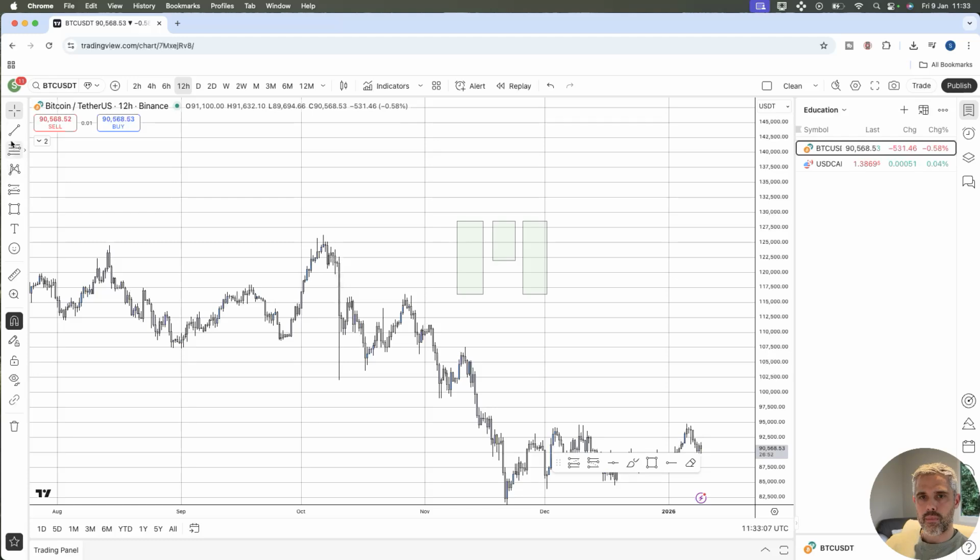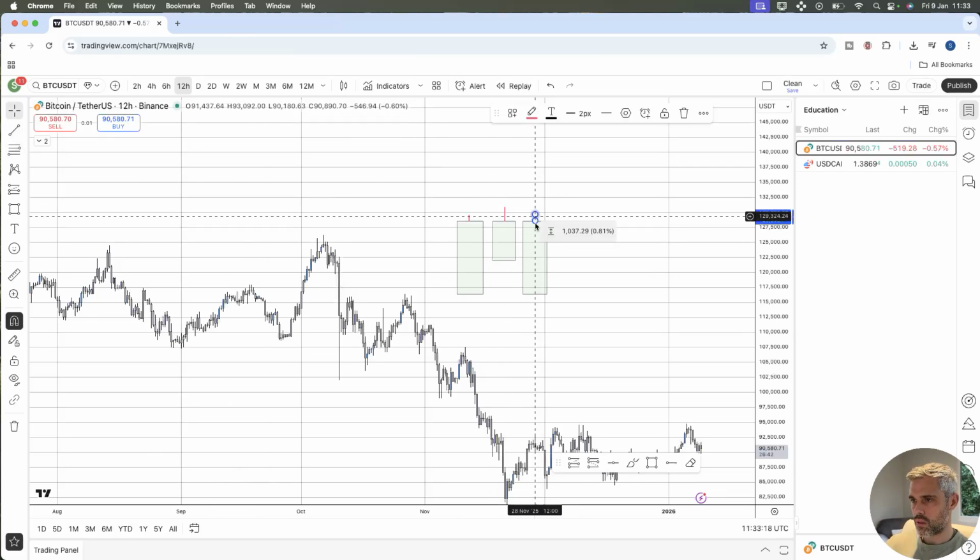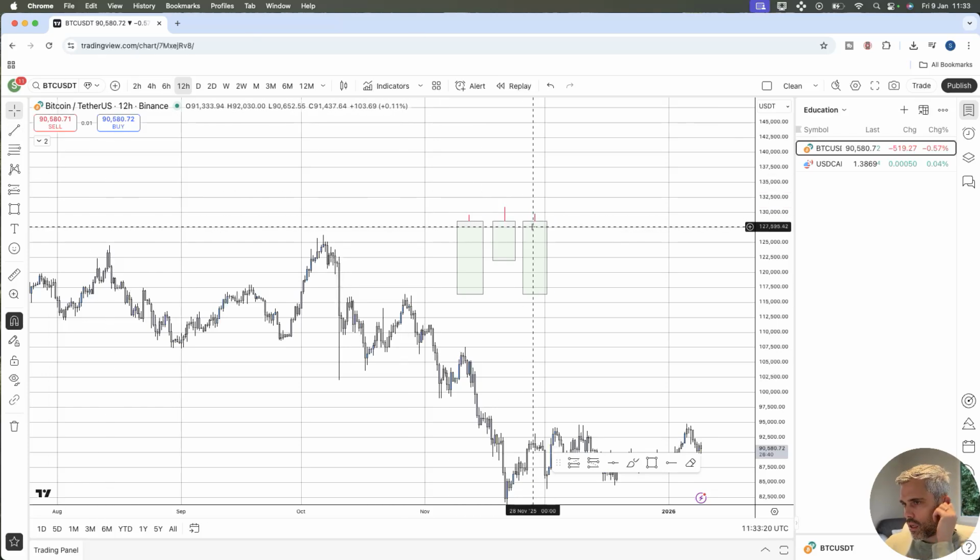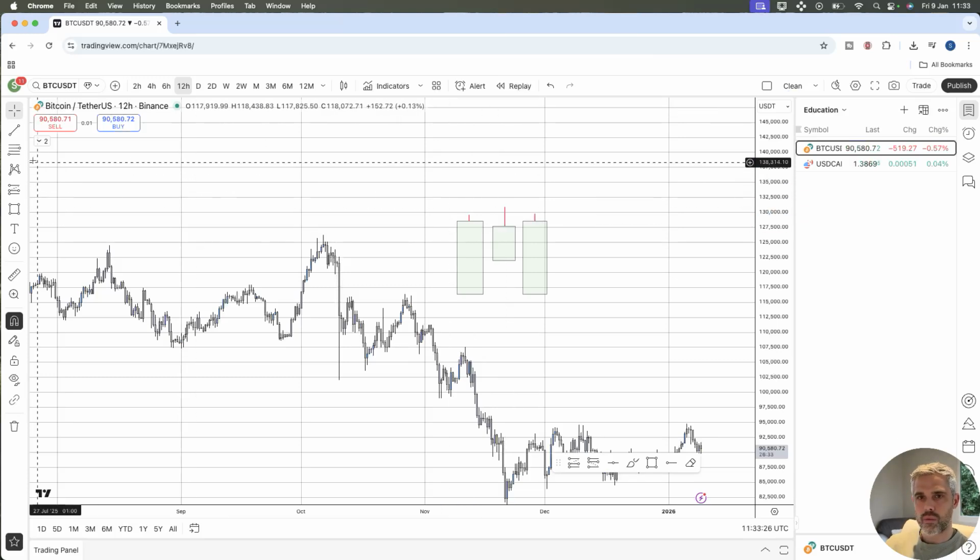So if we have here 3 candles, candle 1, candle 2, candle 3. Actually, I'm just going to bring this down slightly.